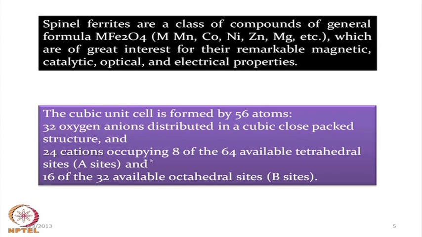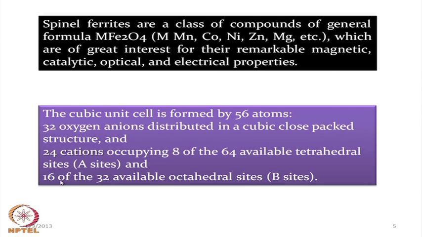Now, the cations can be placed. How? You have 64 available tetrahedral sites, and out of them 8 are occupied. Similarly, out of 32 available octahedral sites, 16 will be occupied by these cations.